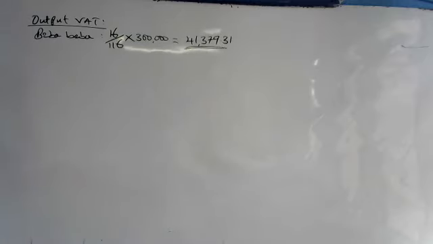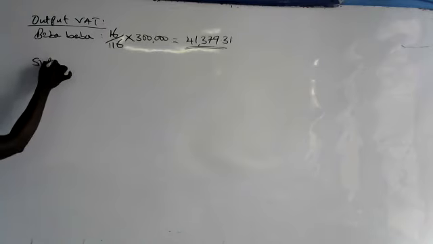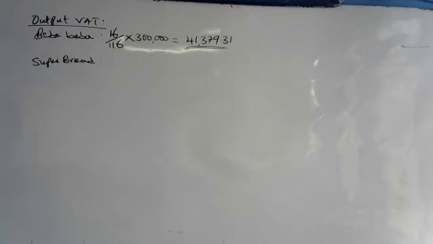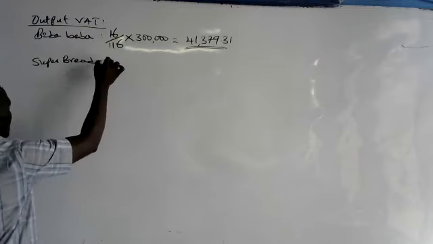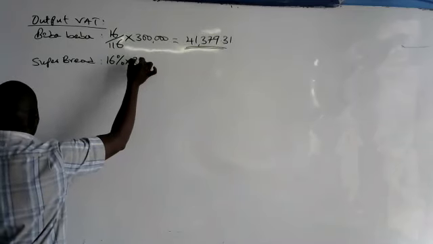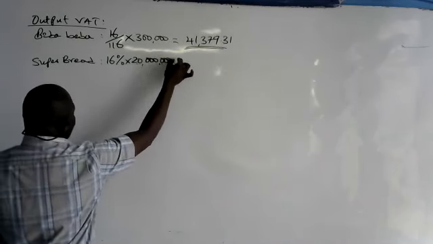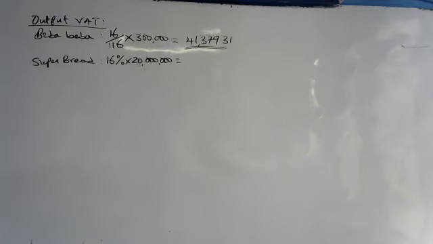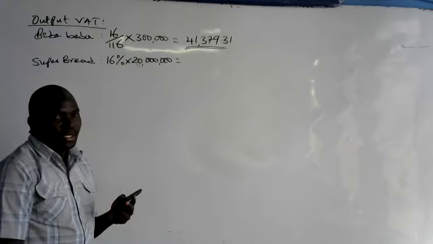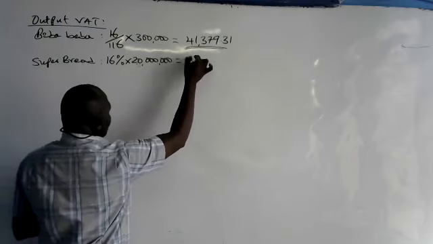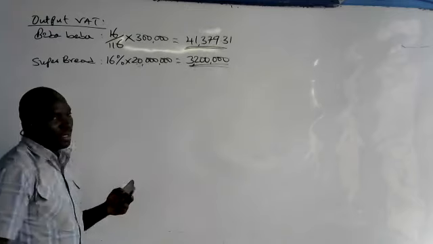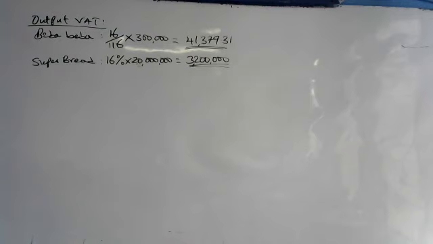0.31. Then Super Bread. The 20 million, is it inclusive or exclusive? So 16 over 100 of how much? Of 20 million. 16% of 20 million is 3.2 million.